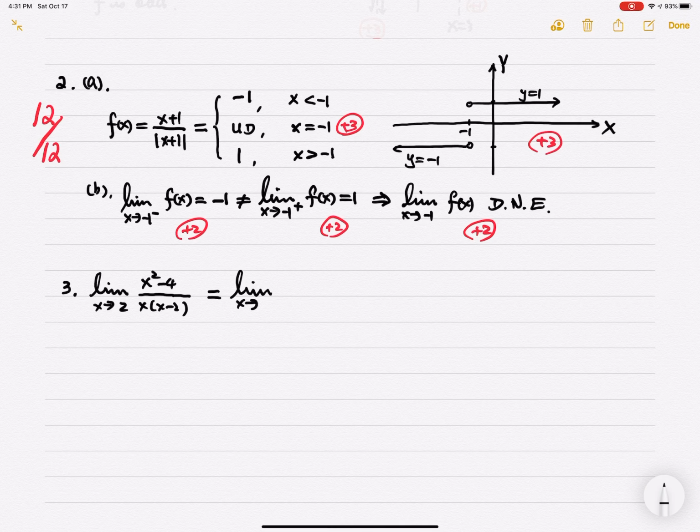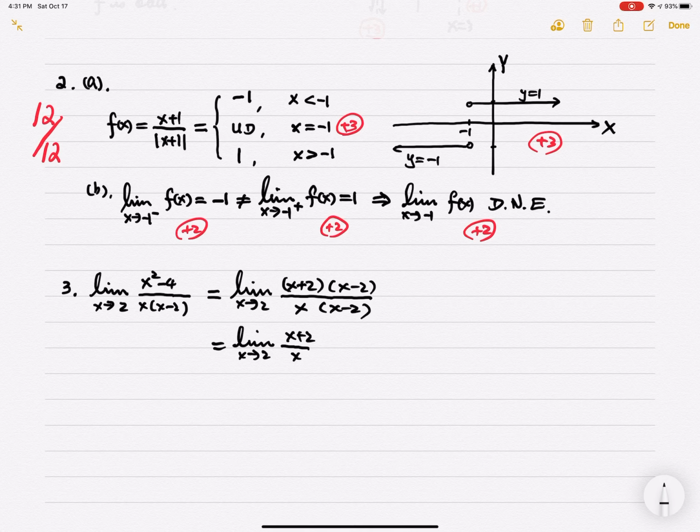So x approaches 2, and we do a simple algebra change. We factor the numerator, x plus 2 times x minus 2. The denominator is still x times x minus 2. Then we can cancel this x minus 2. So this is equal to the limit as x approaches 2 of x plus 2 over x.